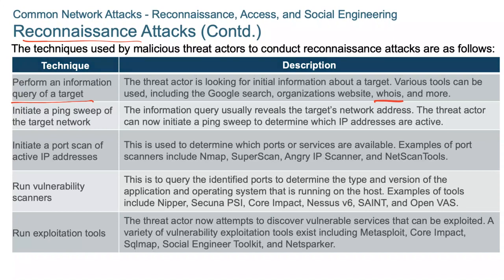In Whois, first they try to gather the information of your IP address. If your IP address is known to them, then it is easy for the attackers to find out the complete details by using whois.com.